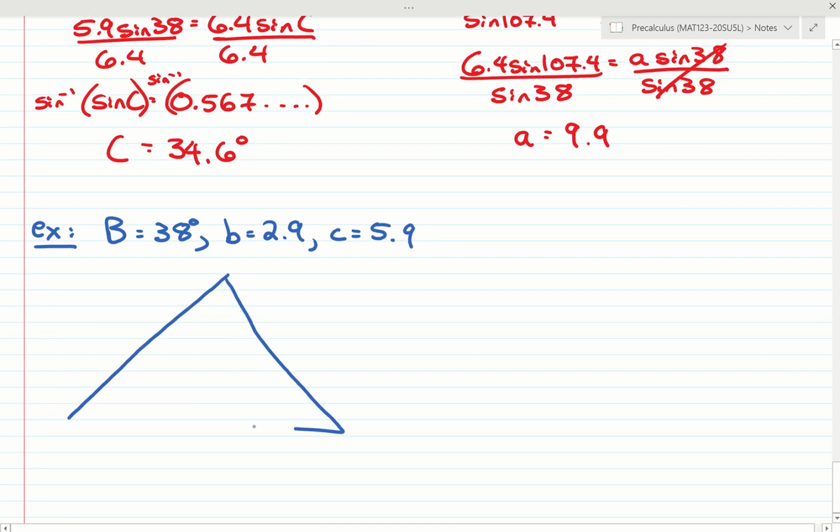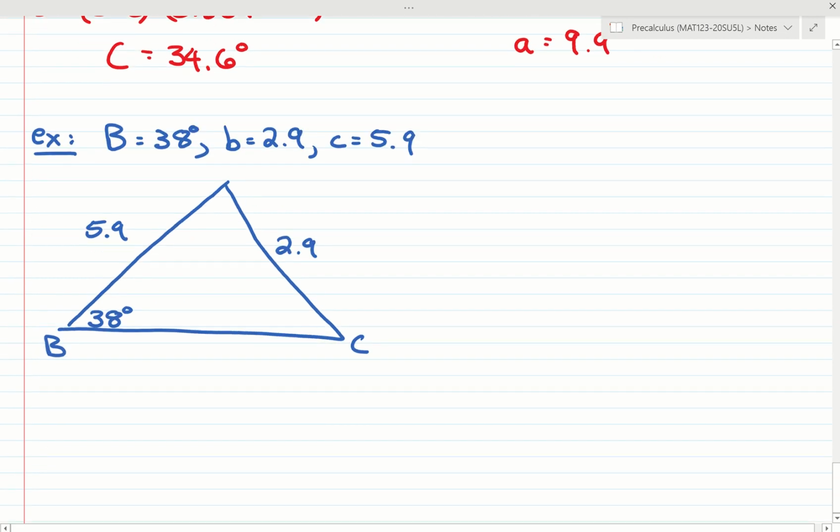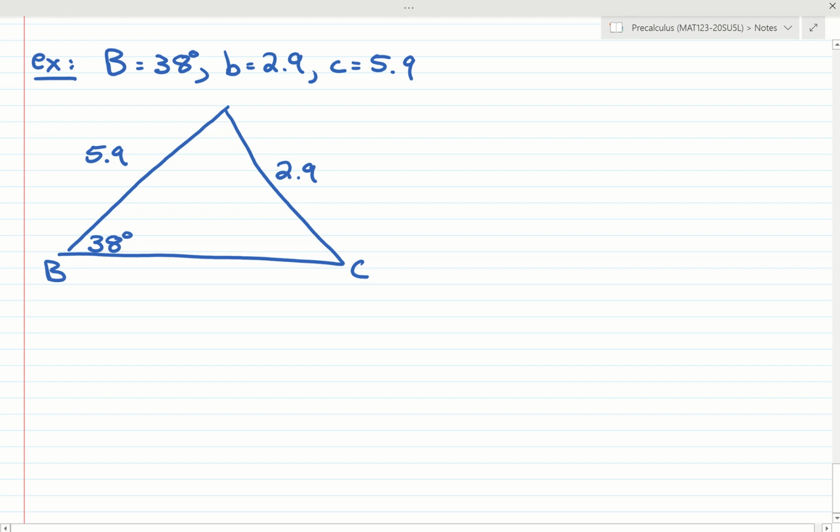We have an angle, so automatically I asked you to please draw it over here on the left side. The side opposite is 2.9, and the other side that we're given, I'd like you to draw on this side, so we have consistent left and right sides we can reference.